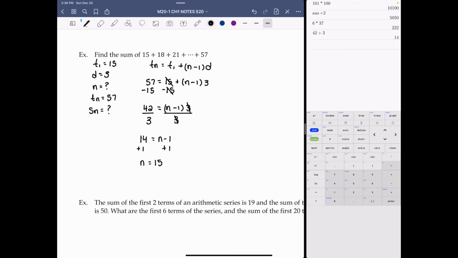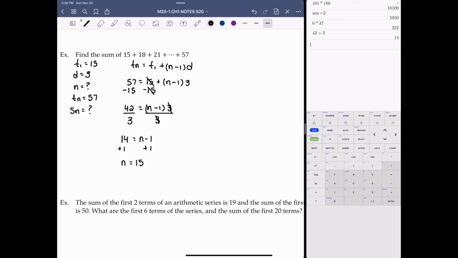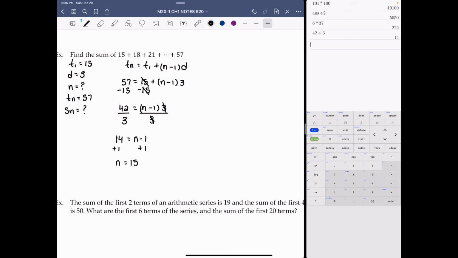Now that we know n, we can use the sum formula. So we have the nth term, 57, and we have T1. So we can use the shorter of the two sum formulas. Sn equals n divided by 2 times T1 plus Tn. We're adding the first 15 terms, so S15 equals 15 divided by 2 times T1 is also 15 plus Tn is 57.